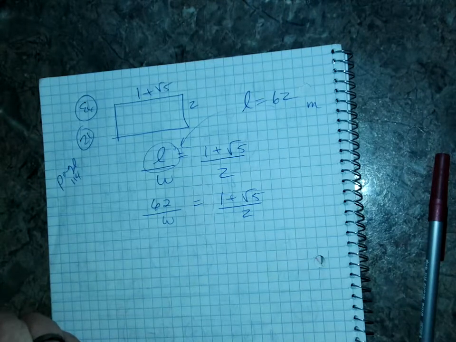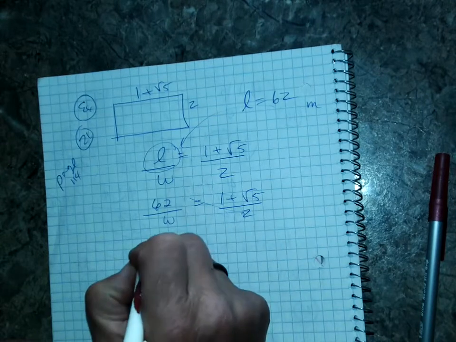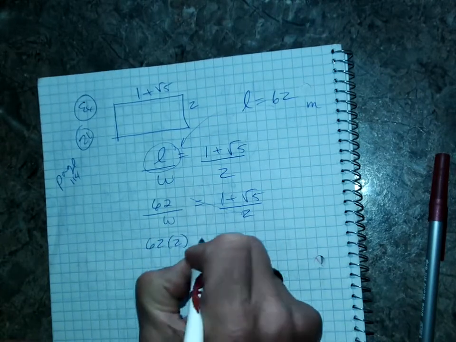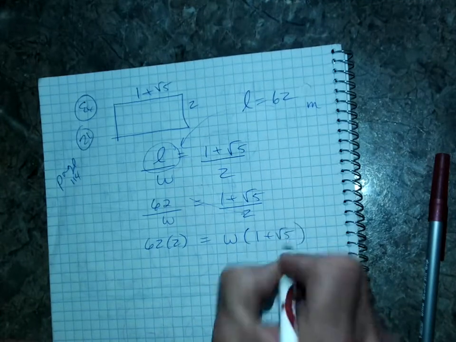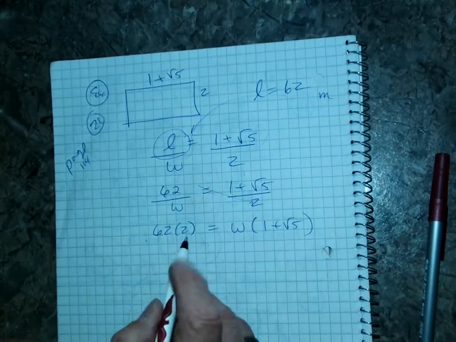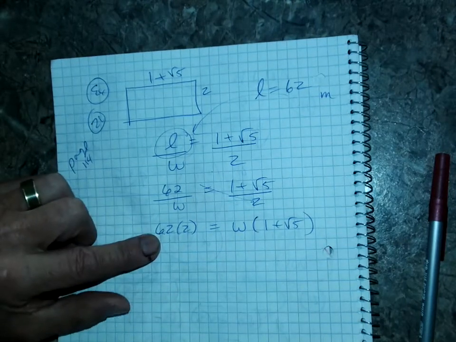And if I cross multiply, I'll get 62 times 2 equals W times 1 plus the square root of 5. 62 times 2 is 124.